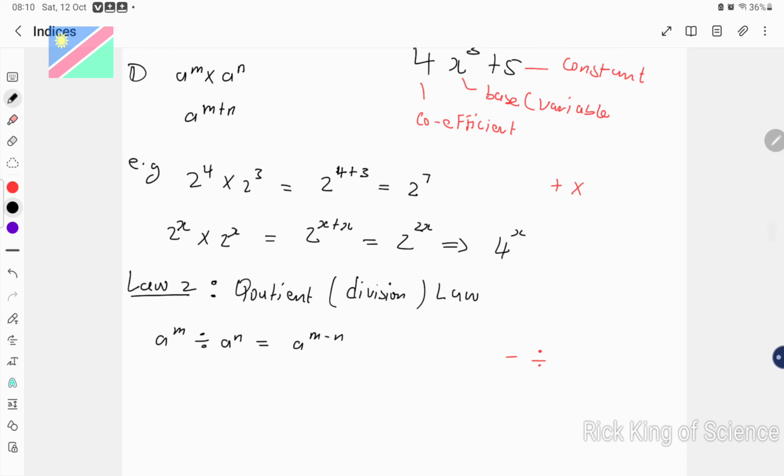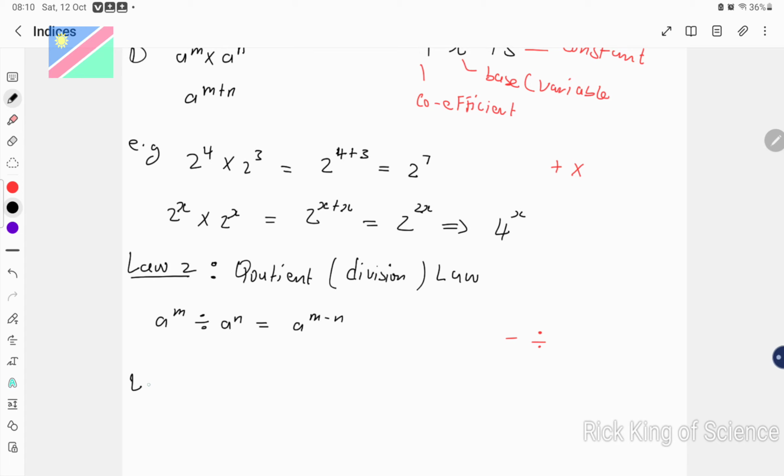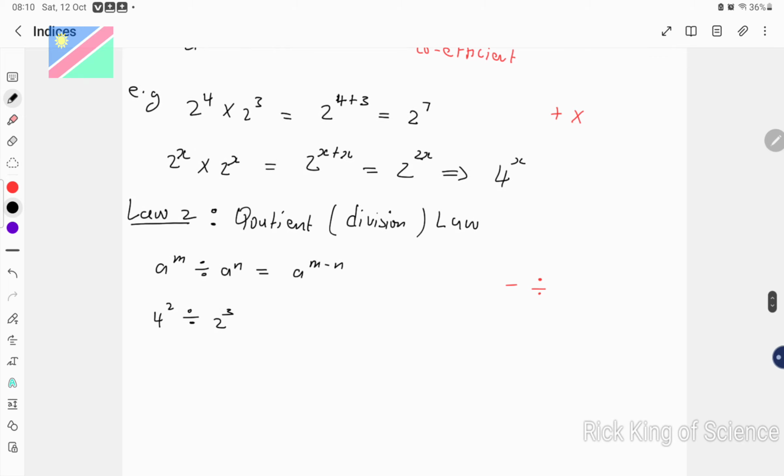Law 3. Okay, let me first give an example here. Let's say we have 4 power 2 divided by 2 power 3. The question: what will be the answer without the calculator? What you're going to do here is change the 4 to index form. 4 in index form is 2 power 2. So the whole 4 becomes 2 power 2.